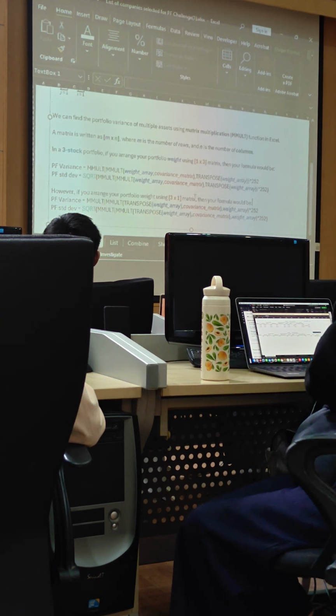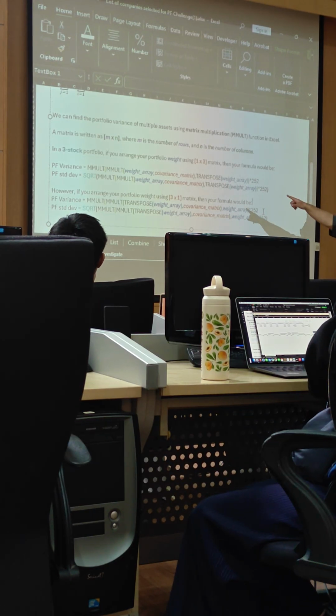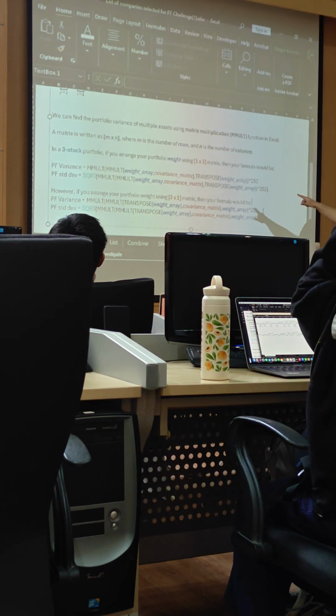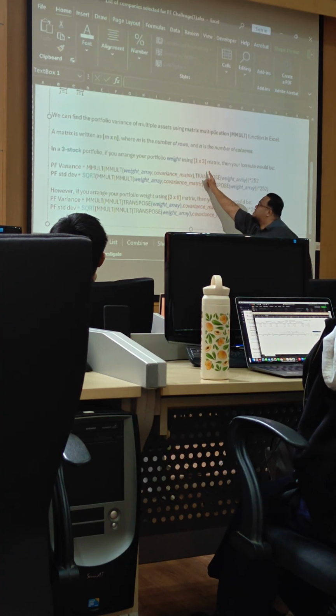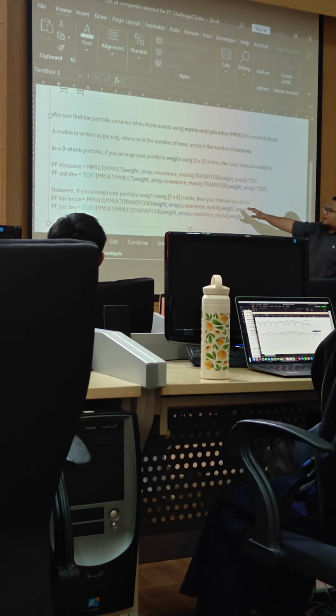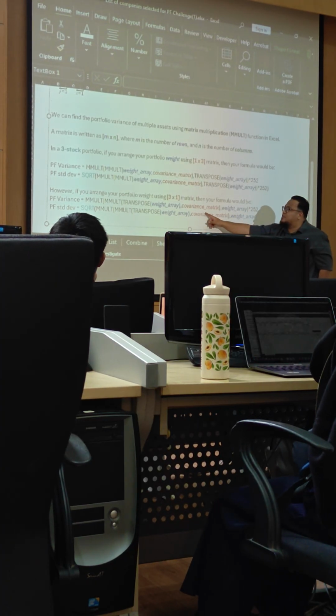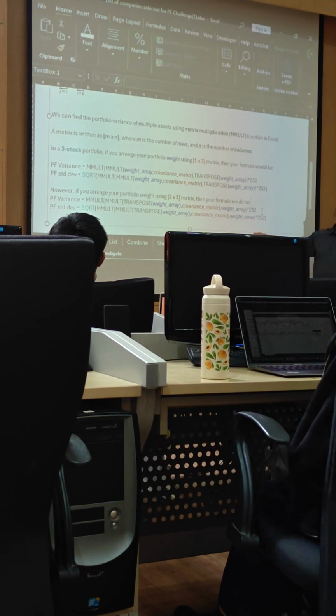That's why in my formula, tengok cara you susun the weight. In a 3-stock portfolio, if you arrange portfolio weight using 1 times 3 matrix, then your formula will be this one. However, if you arrange your portfolio weight using 3 times 1 matrix, then your formula will be this one.